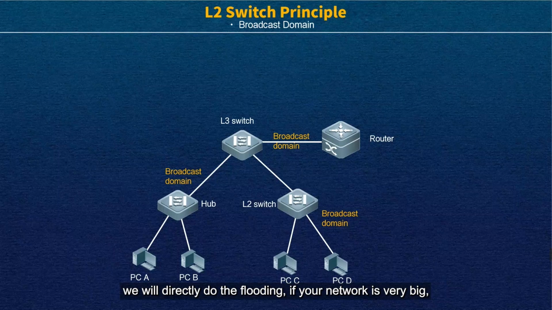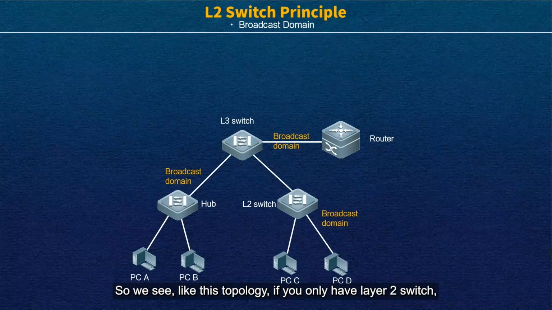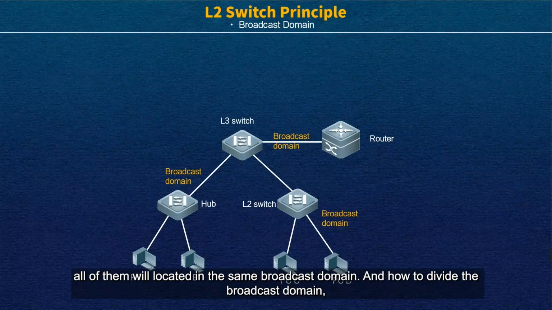If your network is very big, we will take lots of resources to forward the broadcast message. So in this topology, if you only have layer 2 switches, all of them are located in the same broadcast domain.